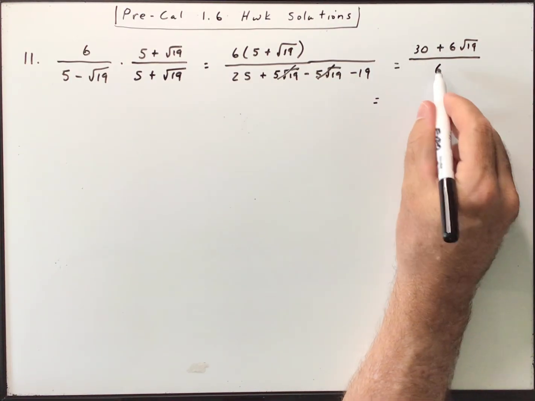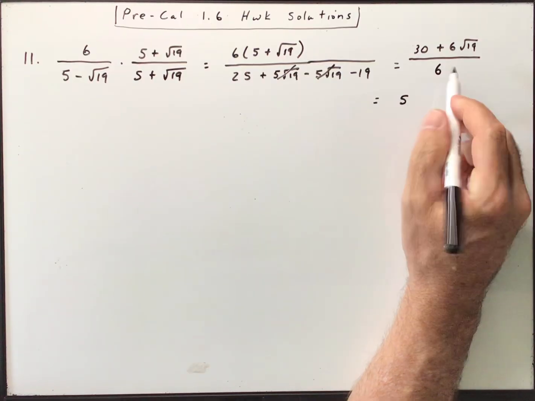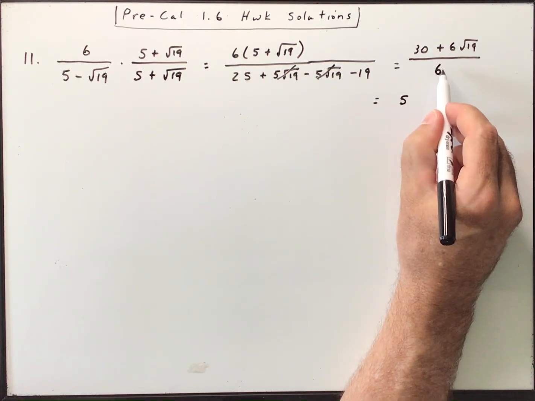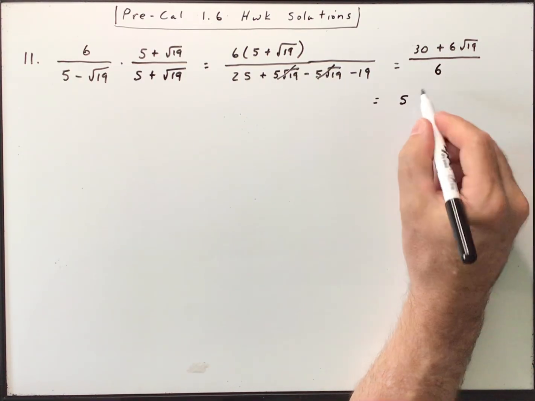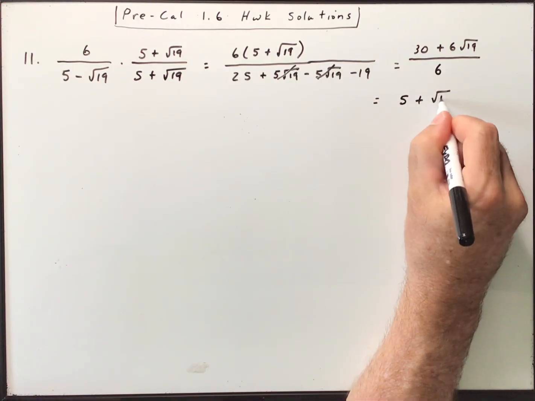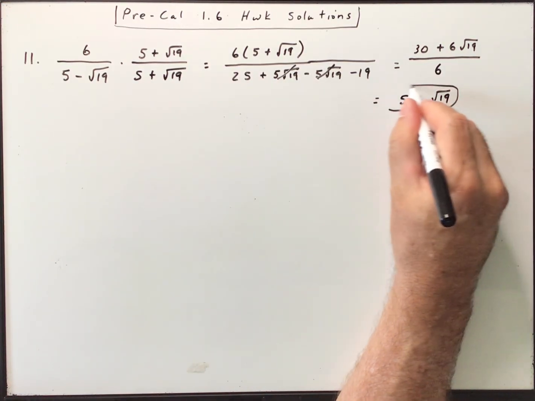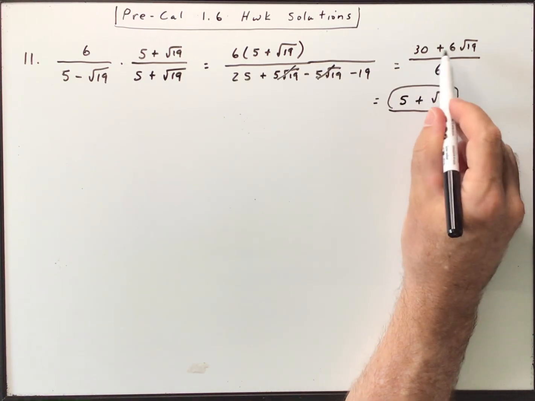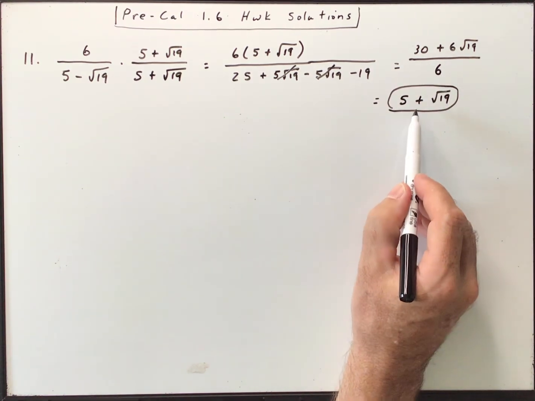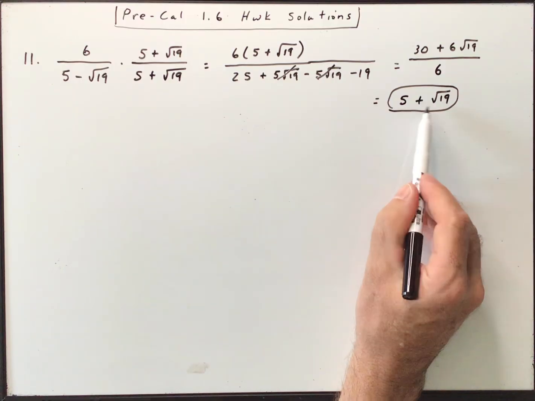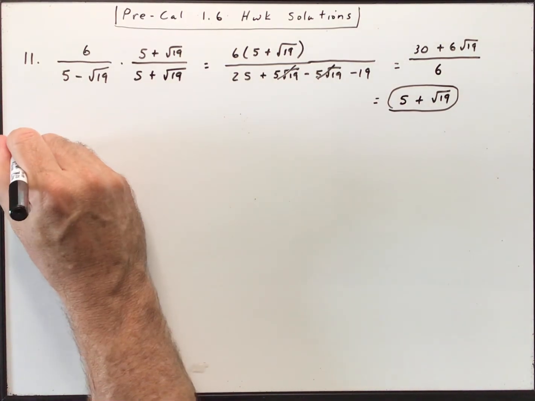So that'll simplify. 6 into 30 is 5. 6 into 6 is 1. So you just have 5 plus the square root of 19. If you got to here, you'd get most of the credit on a test, but you won't get full credit unless you simplify it all the way down with this last step.